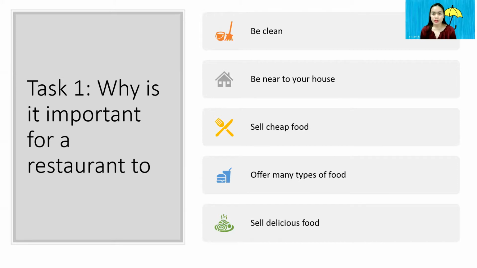So what you have to do now is to present supporting arguments for each of these points. Okay, so please do it now, and after you're done, I'll give you the instruction for the second task. All right, please go and do your task.